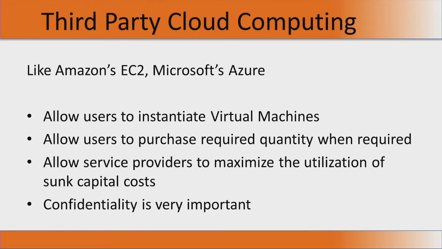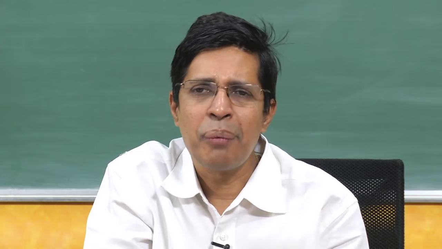They allow users to instantiate virtual machines, they allow users to purchase the required quantity of resources whenever they require, and allow service providers to maximize the utilization of sunk capital cost. Confidentiality is also very important. So, third party cloud computing, at least for not very sensitive applications, has been a good success today.